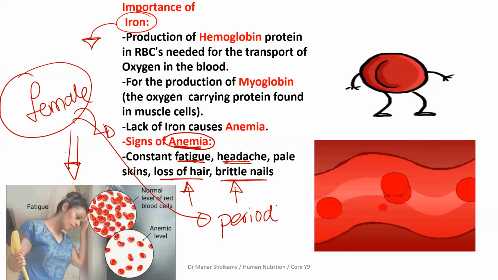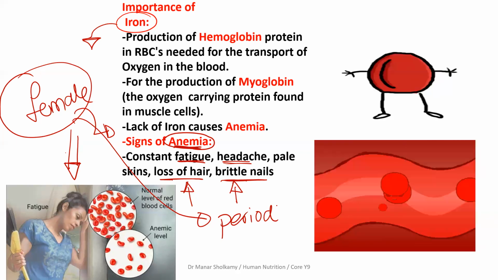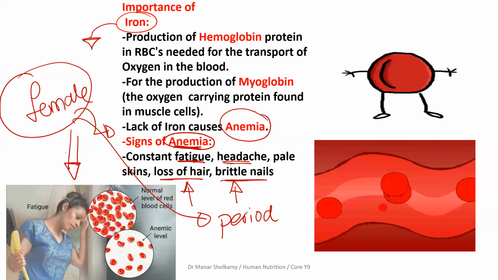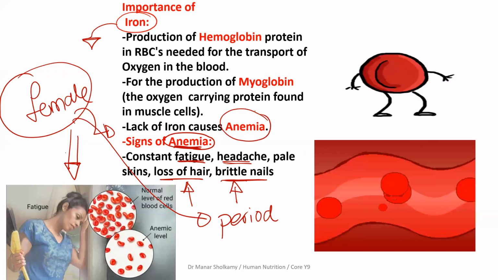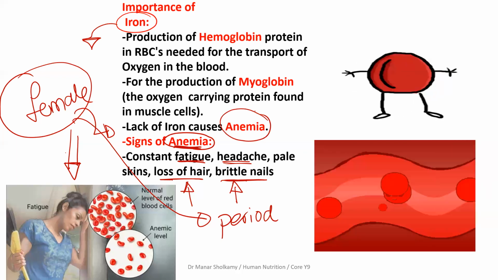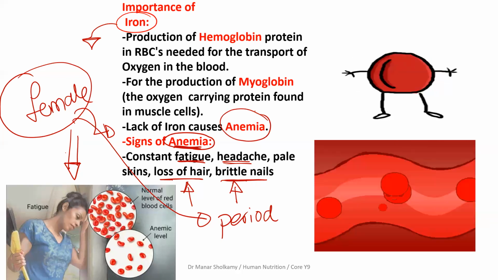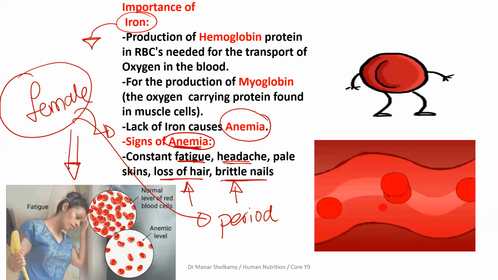When they lose blood and this blood is not compensated for, they will have anemia. So they are losing blood every month and they're not eating healthy, so they will have a higher chance of getting anemia. But males don't have menstrual blood and they don't lose blood. So that is why anemia is more common in females.